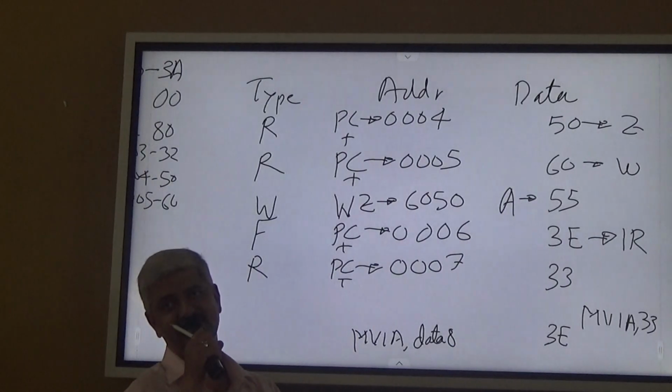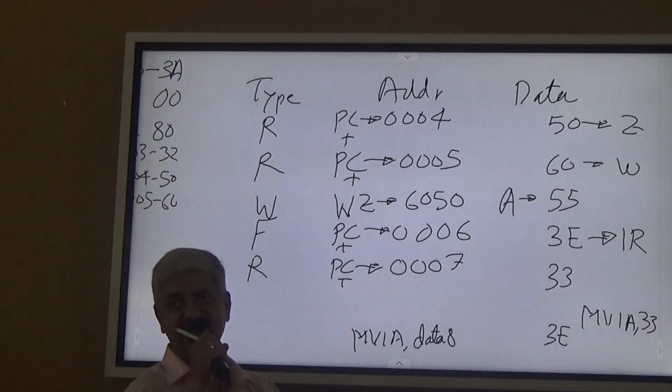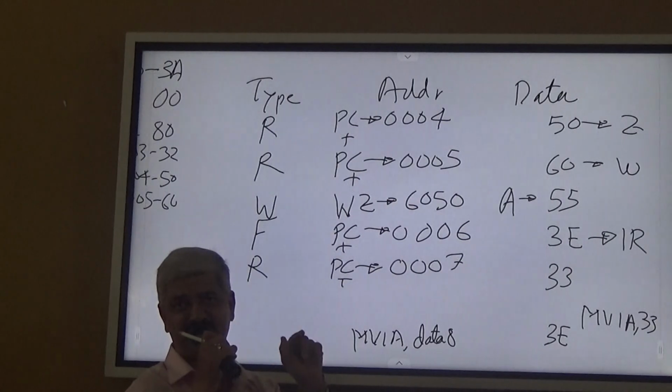When 3E the instruction was read, what did the microprocessor come to know? What is the instruction? Move immediately to accumulator. Move something which is there in the instruction as the next byte to accumulator. So why is 8085 reading the second byte of the instruction now?